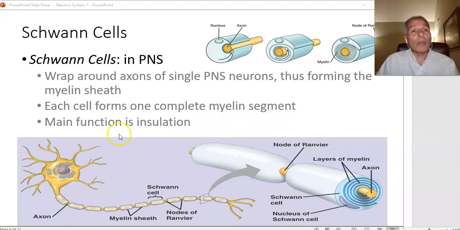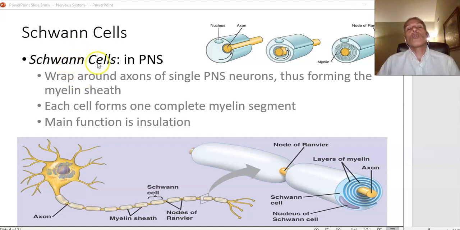But keep in mind that every Schwann cell insulates one tiny segment of a motor neuron. And these exist only in the peripheral nervous system. The peripheral nervous system includes all the nerves that are called the cranial nerves, and the spinal nerves that come out of the spinal cord.